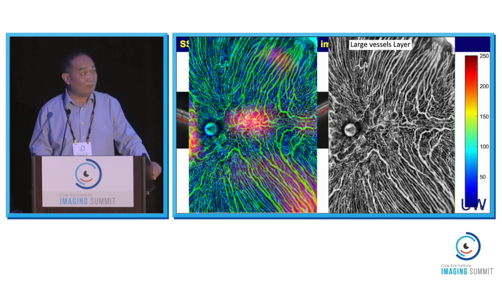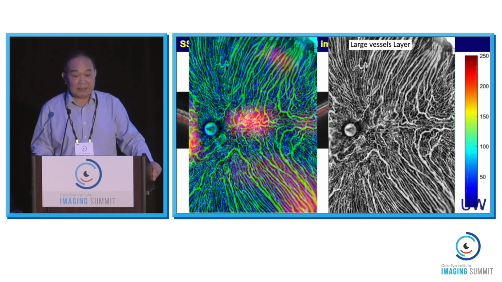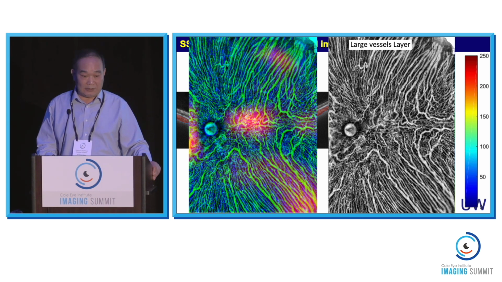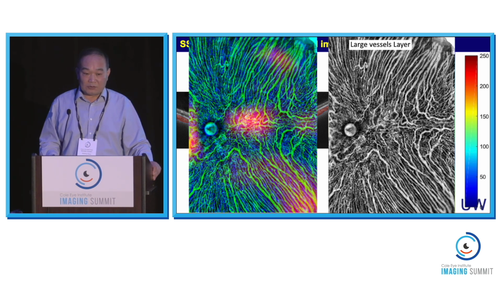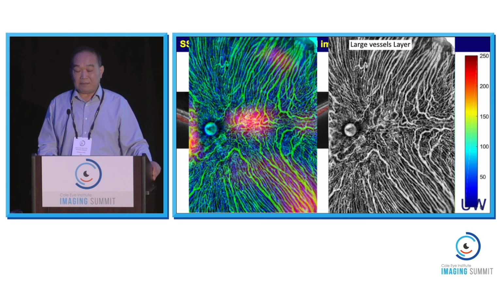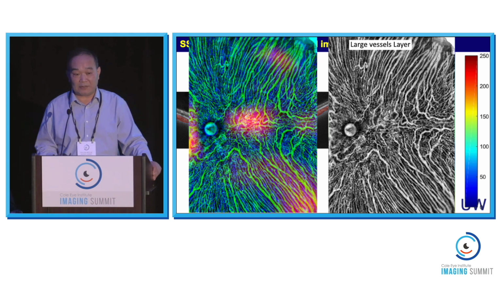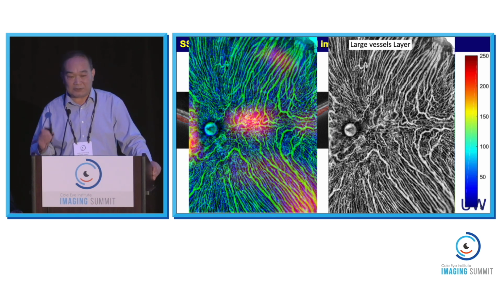Also, you can extract the vessel information in the choroid. This is the vessel map of the vessels in the Sattler layer, and of course you can also have the bigger vessels in the Haller layer. Then you have three pieces of information: one is the thickness of the choroid, second is the small vessels, and third is the big vessels.